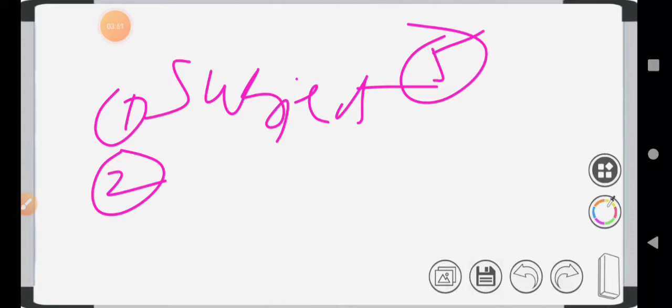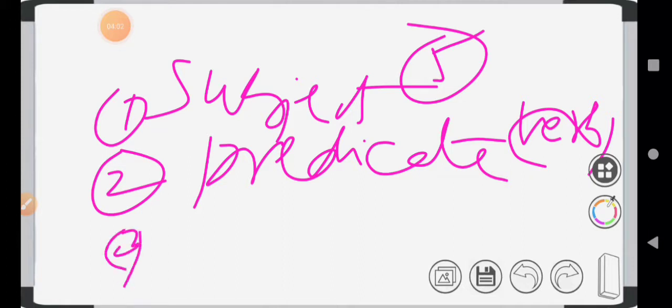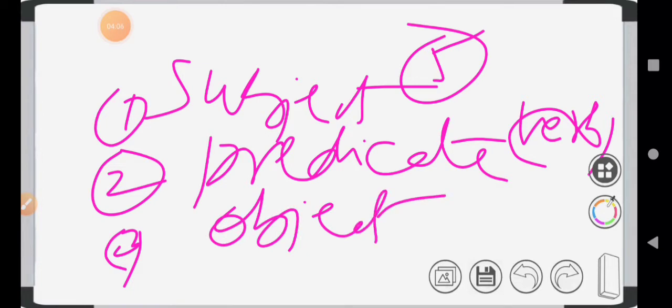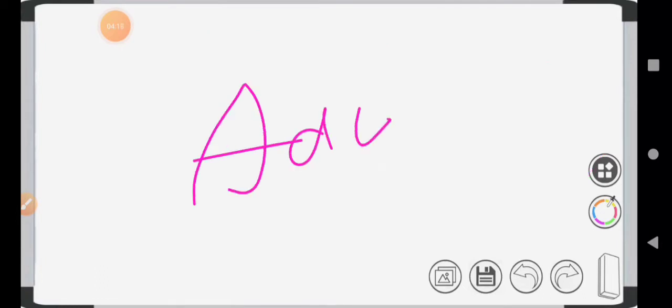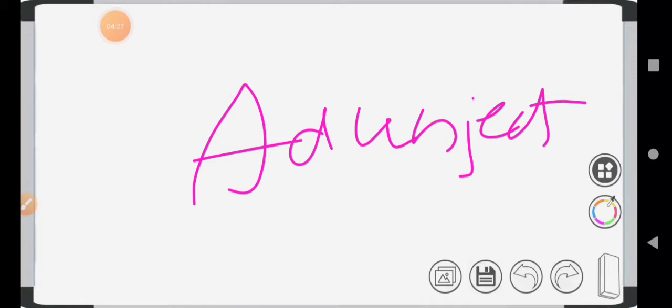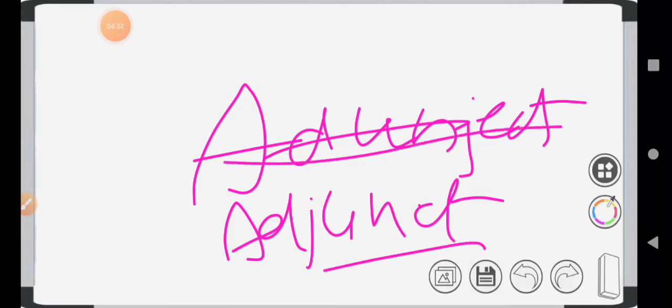The next one is a predicate, or generally we say verb. The third one is object, the fourth one is complement, and the fifth one is adjunct.